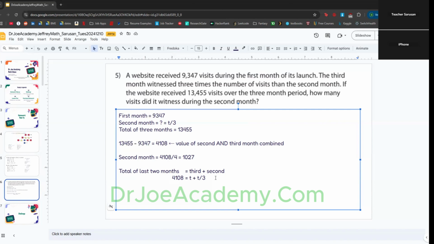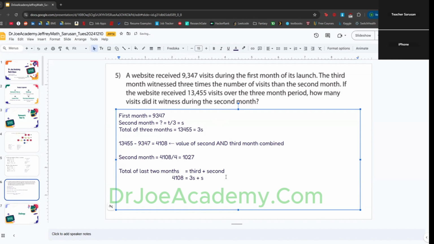Well, no, couldn't it just be like S plus 3S or something? Couldn't that also work? Yeah, that's true. We can rearrange this. We can change this to S instead. Very good point. So we can say 3S plus S. All right, excellent. That's a great way to do it. Because then that makes it obvious that it equals 4S, right?